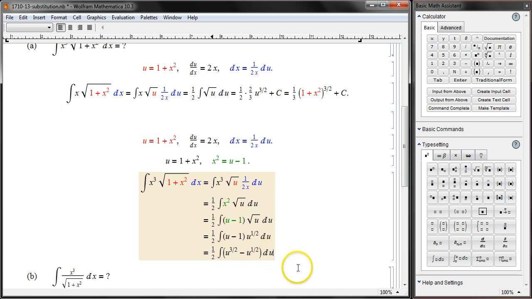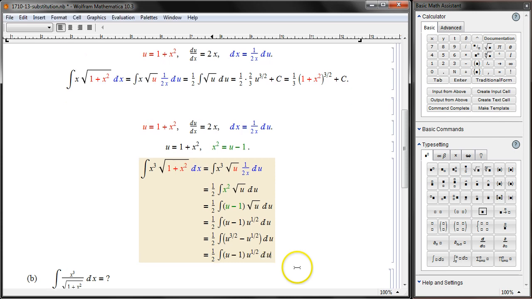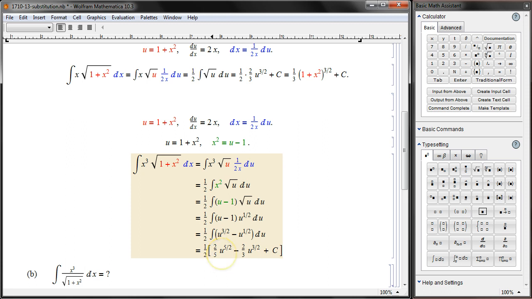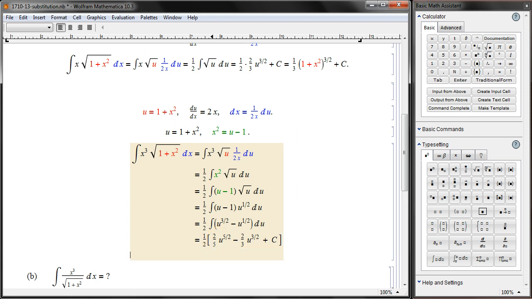And we have a sum of two power functions, right? So we have the antiderivative like this: u to the power 5/2, add 1 to the power, divide, and add 1 to the power, divide, like this.